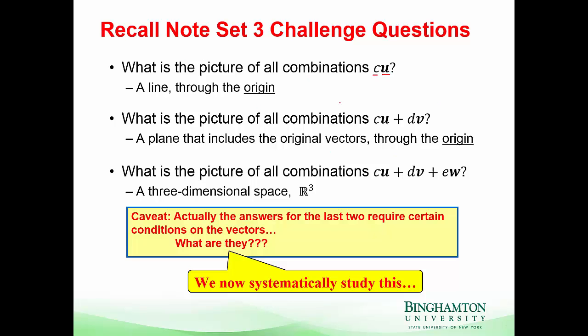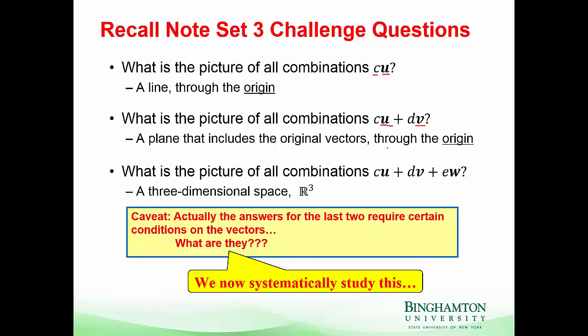Then we said, suppose I've got a u and a v, and I combine those, linear combination, weighted with some numbers c and d. And we said that, well, we visualized u and v as 2 pencils, and we said if you put the erasers at the origin, and then you lay a stiff piece of cardboard so that it touches the pencils, lies flat on the pencils, that plane will be the plane that is determined by this linear combination.